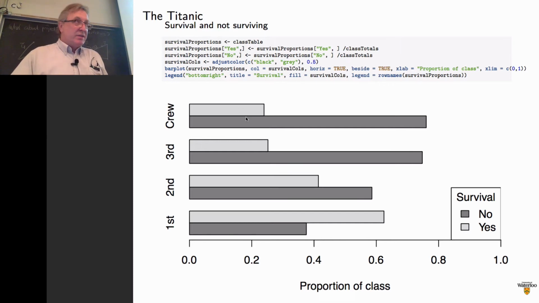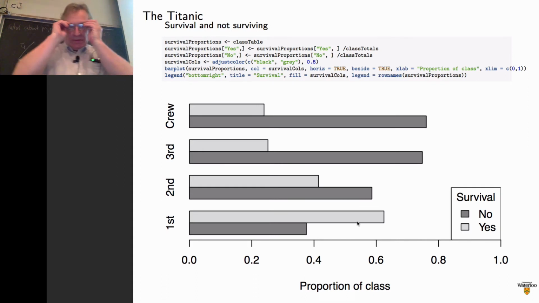Conversely, since these have to sum to the same length, it increases in the number that do survive as a proportion. So that's telling you a little bit about the story about the Titanic and what your chances of survival were, at least for whatever reason, associated with class. And there are lots of reasons that you might imagine might be associated with class.